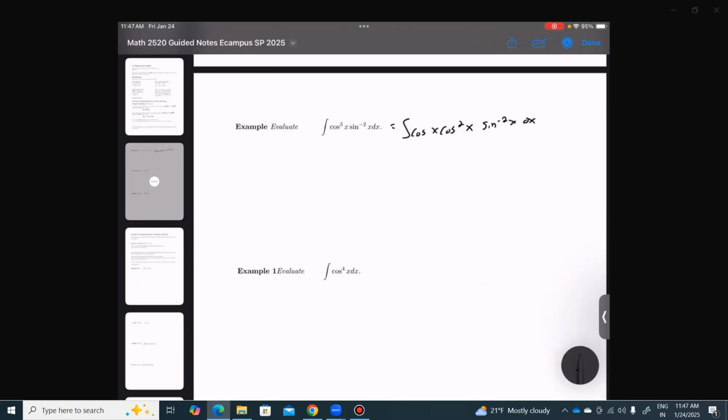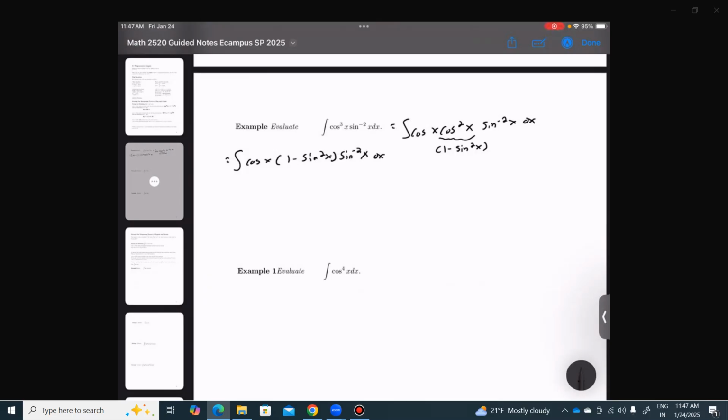And then for this cosine squared, that's going to become 1 minus sine squared x. So we'll have the integral of cosine x times 1 minus sine squared x times sine to the negative 2 x dx.